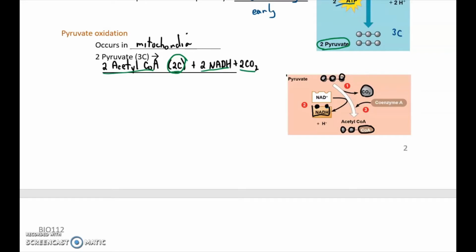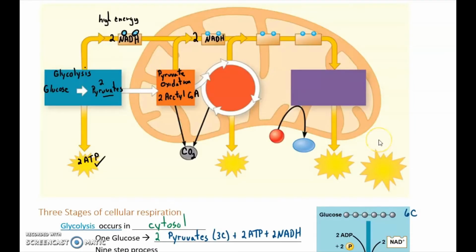Now let's move to the top and fill in. So pyruvate oxidation goes in the orange square. And we want to note that we make carbon dioxide. That's coming down the gray circle below. And we've made another 2 of those high energy NADHs. And we'll see what happens to them later.